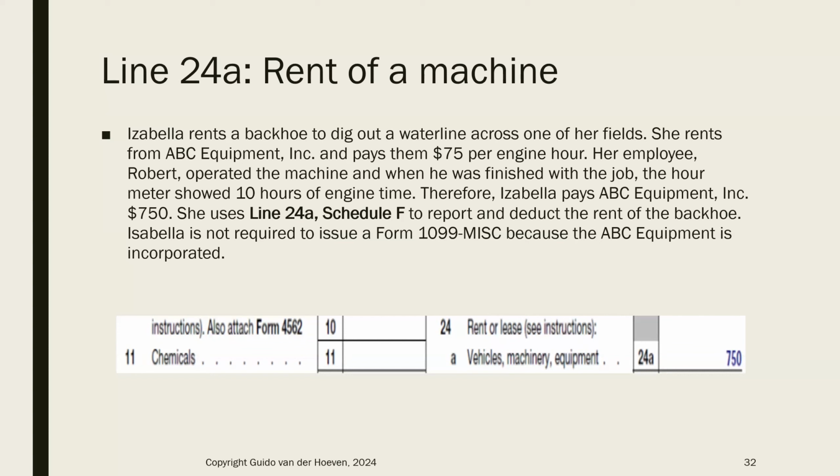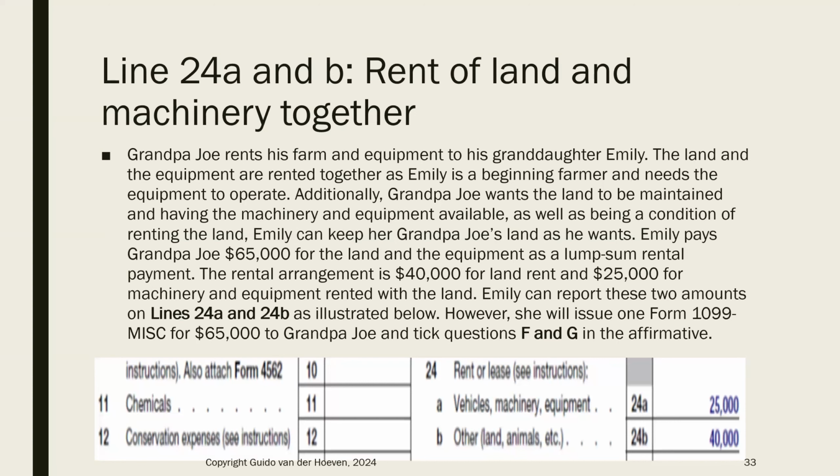So she's going to write a check for $750 to ABC Equipment Inc. And she's going to report and deduct that rent, as you can see there on line 24A. But she doesn't have to issue a 1099 miscellaneous because ABC Equipment is incorporated. It's a little bit nuanced different from the previous 2 examples.